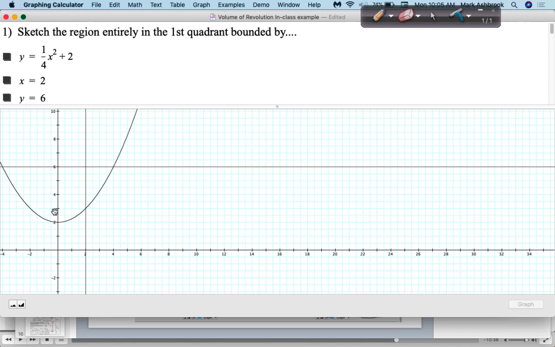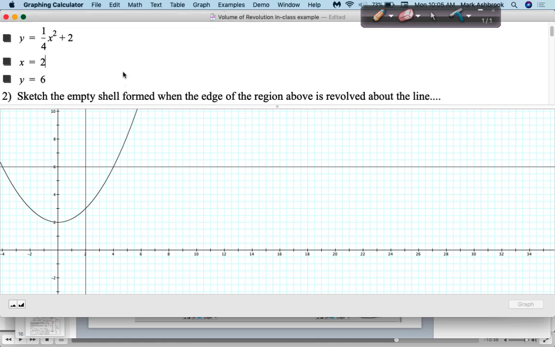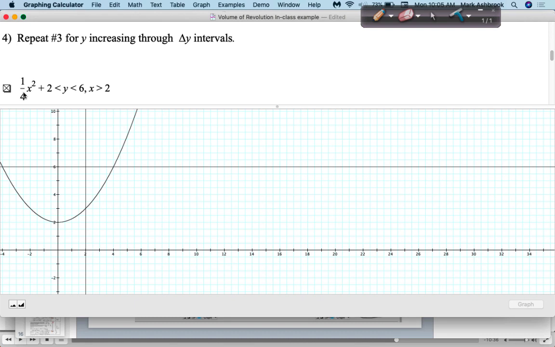So if it said the y-axis or x equals 0, then we'd be talking about this. But it doesn't say the y-axis or x equals 0, so it's not this. Is it down here? Same thing. That doesn't have y equals 0 or x equals 0, right? Which are both in there. And it also doesn't use y equals 6. So, somewhere I put, there it is.